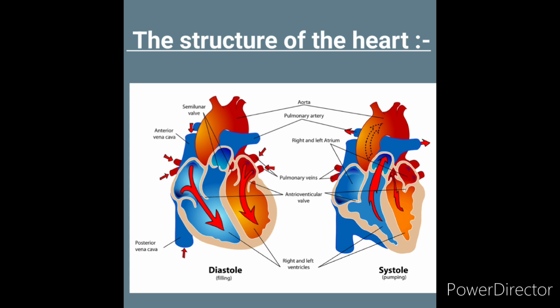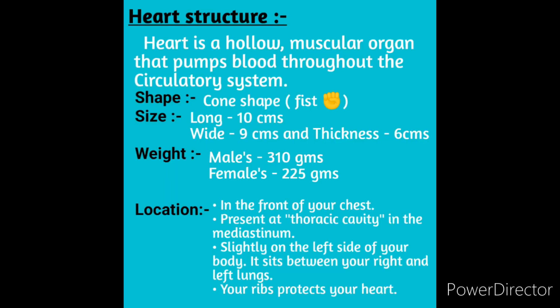The heart is a hollow, muscular organ that pumps blood throughout the circulatory system and supplies blood throughout the body. The shape is cone shaped, the same as our fist. The size is length 10 centimeters, width 9 centimeters and thickness 6 centimeters.